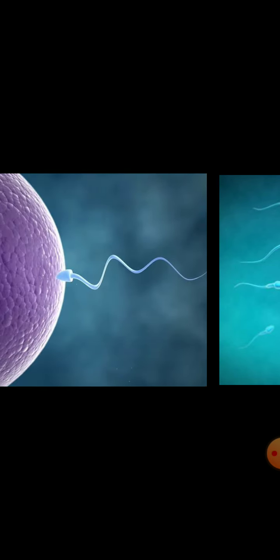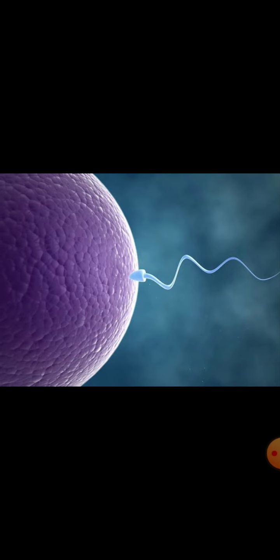In short, you need to remember that there is a fusion between only one sperm and only one egg, one ovum, right? So, fusion of one sperm and one ovum is known as fertilization, and that cell is known as zygote. Zygote is the fusion of male gamete, that is sperm, and female gamete, that is ovum.